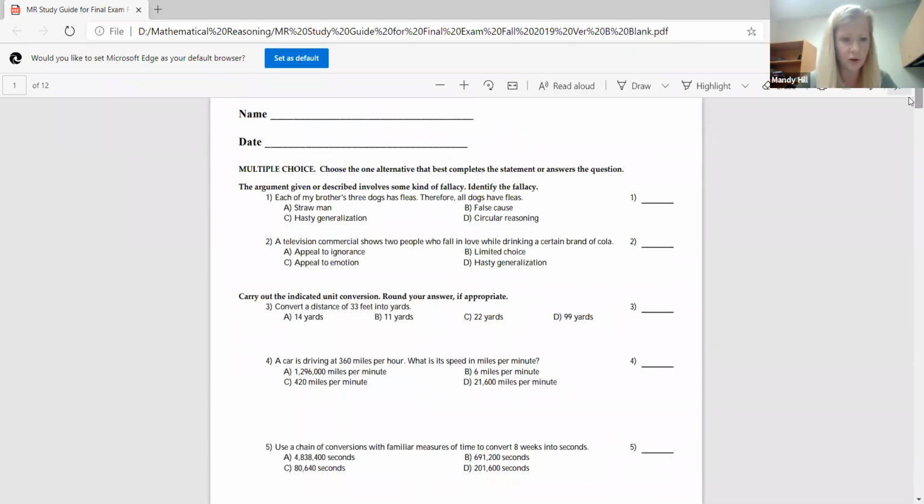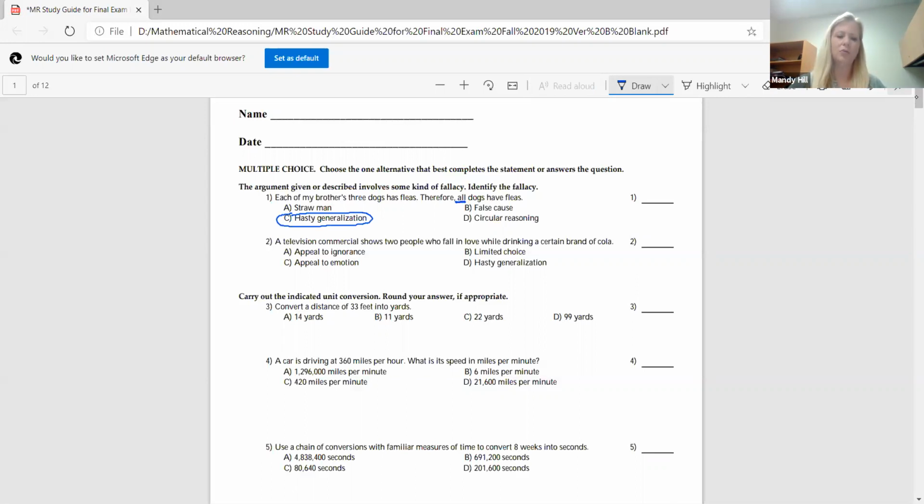So the first question says an argument given or described involves some kind of fallacy. Identify the fallacy. It says each of my brother's 3 dogs have fleas. Therefore, all dogs have fleas. Okay, our key word right here is going to be the fact that it says that all. Okay, that is a hasty generalization, because just because your brother's 3 dogs have fleas doesn't mean that all dogs have fleas.